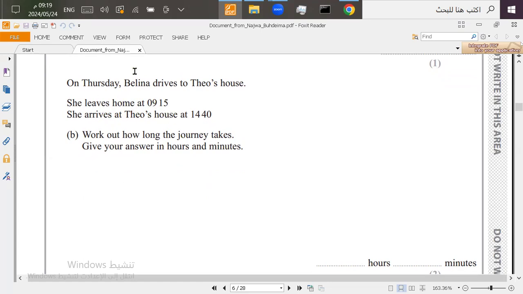So we can subtract the time by subtracting the hours first and then subtracting the minutes. If I subtract the hours, 14 minus 9 would equal 5 hours. And if I subtract the minutes, 40 minus 15 will give me 25 minutes. You just subtract them, but you have to focus on the time.